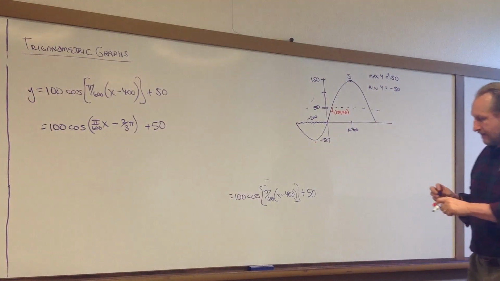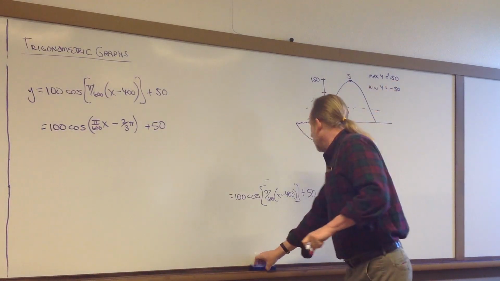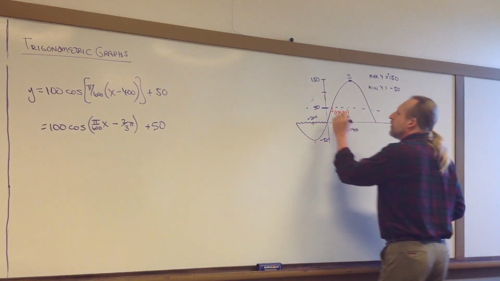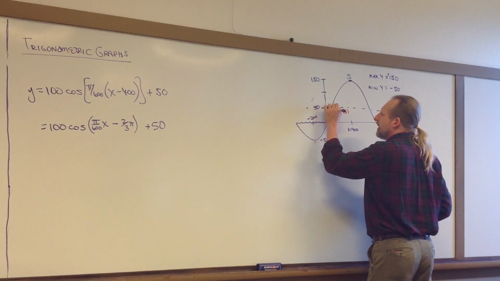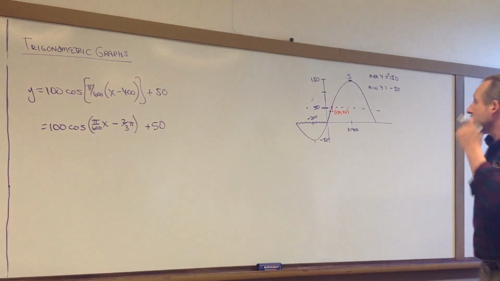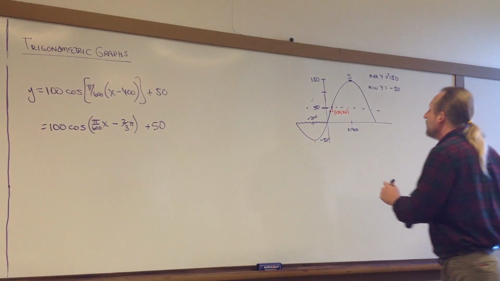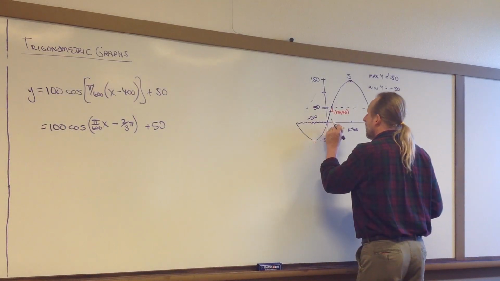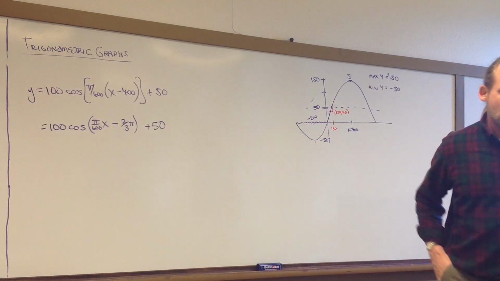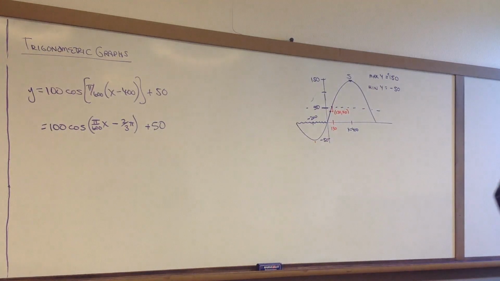Okay, let's see here. Now, what we need to know is the coordinates for this point right here and the coordinates for that point right there. So this is where x equals 130.